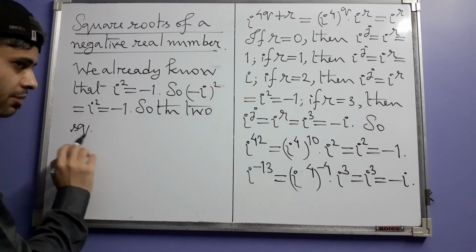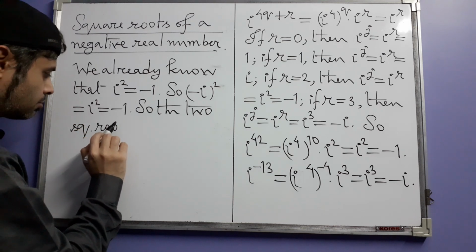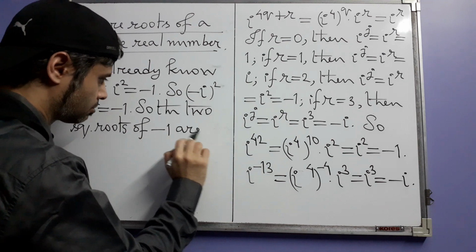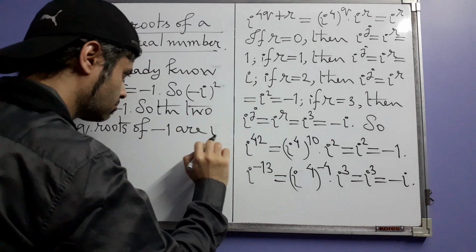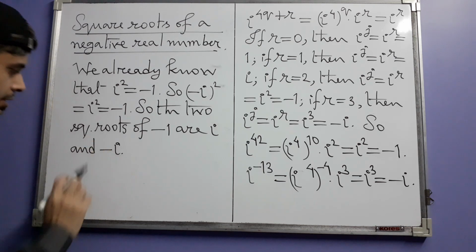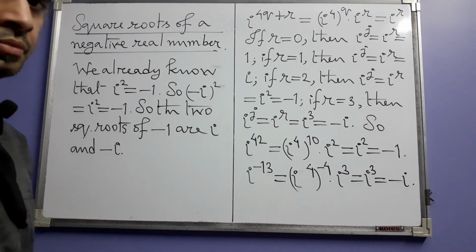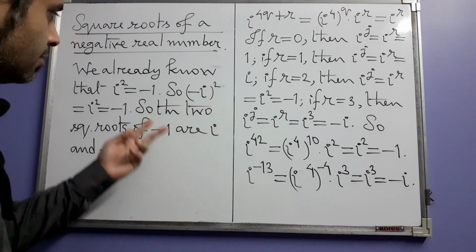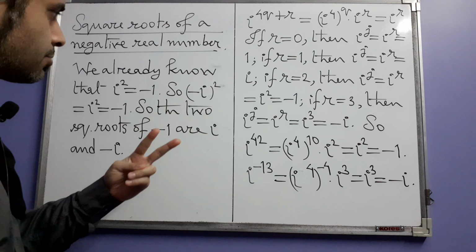For square root, let me write SQ: i and minus i. Okay. Why only two? I mean, these two square roots of minus 1 you have found.